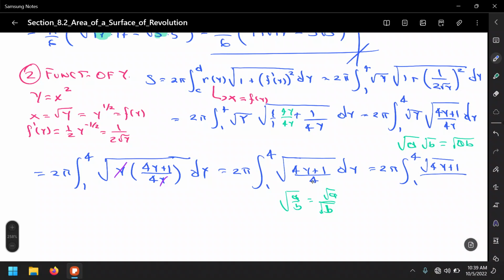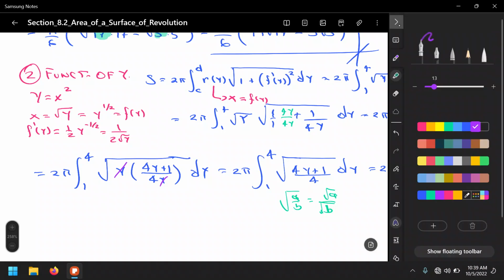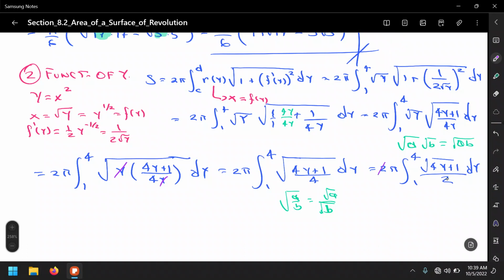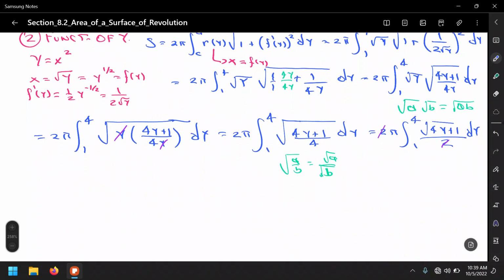But what's the square root of 4? Isn't this a nice number? How about just 2? Notice how these twos divide out, simplifying our integral in terms of the coefficients. Let's see what we get. That's simply pi integral from 1 to 4 of the square root of 4y plus 1 dy.